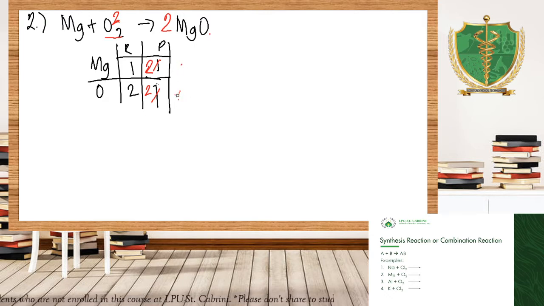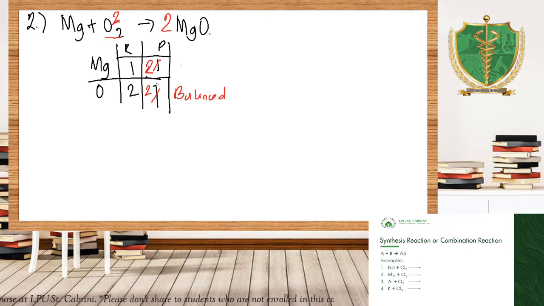Yung ating oxygen ang nabalance, pero ang ating magnesium ang hindi. So, ibig sabihin, oxygen is already balanced, while our magnesium is not balanced because we add here 2 as coefficient, meaning to say we have 2 moles of magnesium oxide produced in the reaction between magnesium and oxygen.